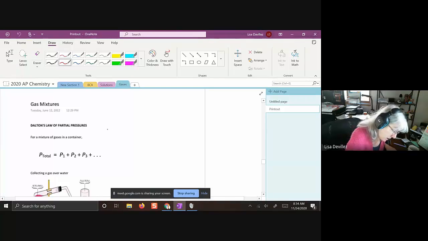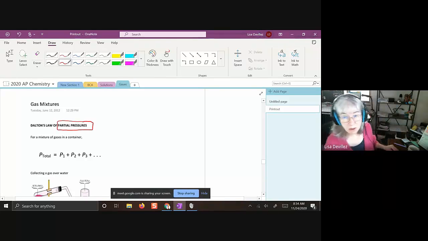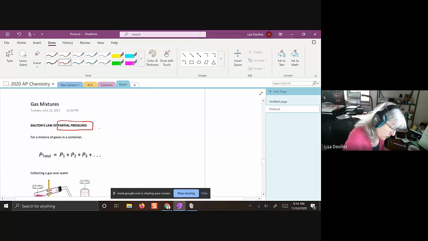The key term, or a new term we want to address, is partial pressures. The partial pressure is the fraction of the total pressure that's due to a single gas.